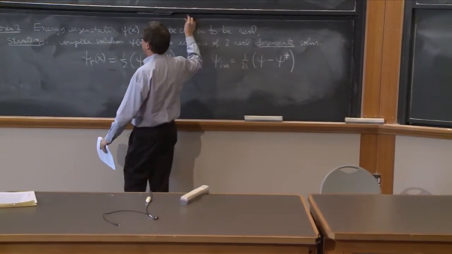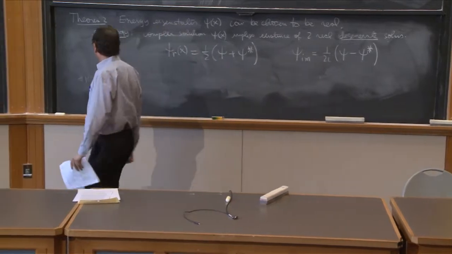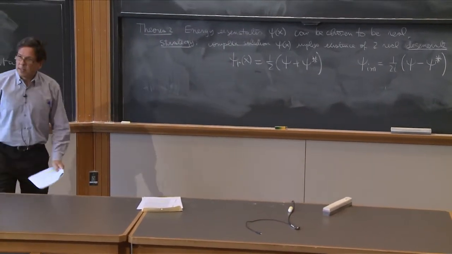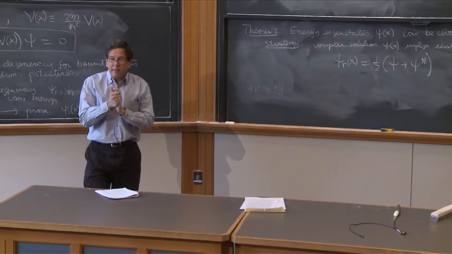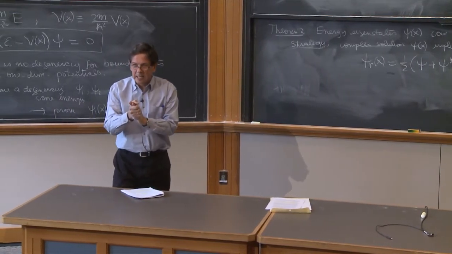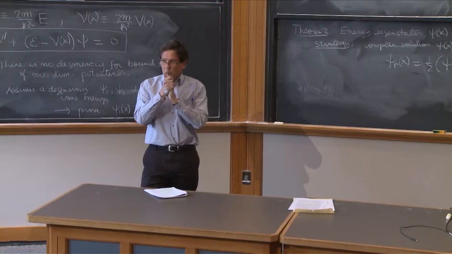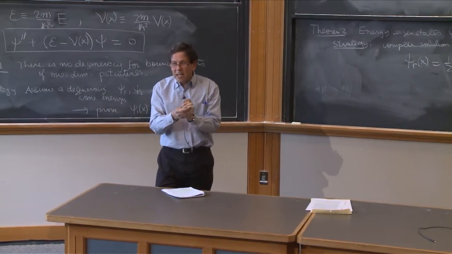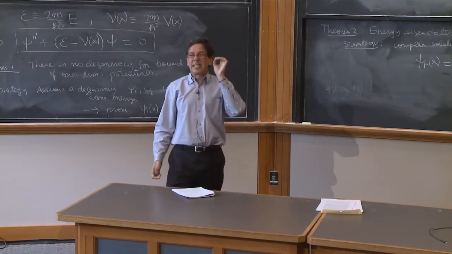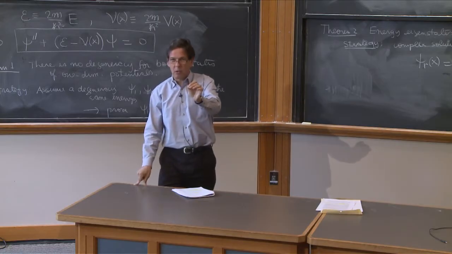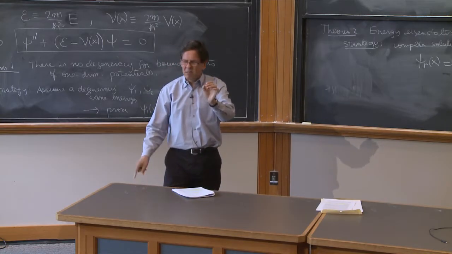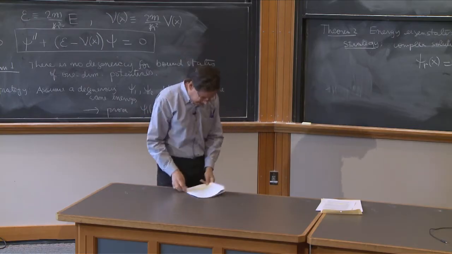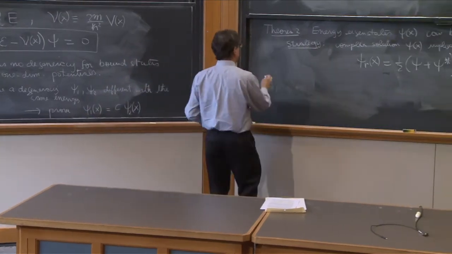So this is the part that is perhaps somewhat interesting. And the corollary is that if you're talking bound states of one dimension, any solution is equal to a real solution up to a constant. That means, well, what's the difference? Let's write it down and look at it.